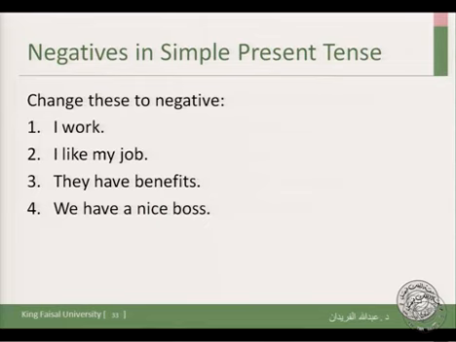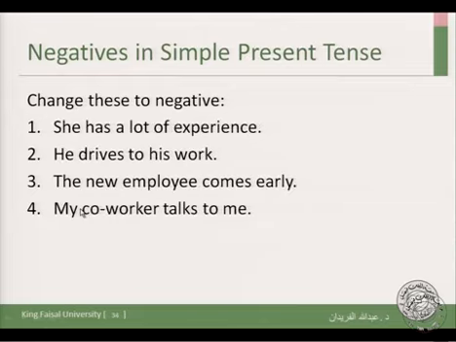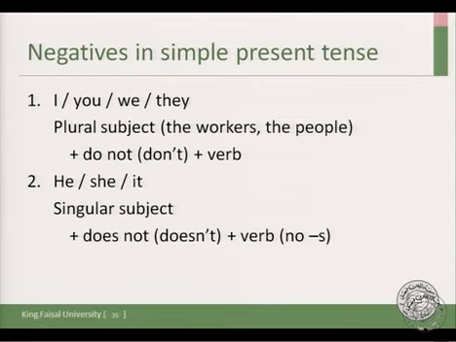So with I, they, we, you, we add don't. Where? Here. Between the subject and the verb. This is the rule. I, you, we, they: we add don't before the verb.